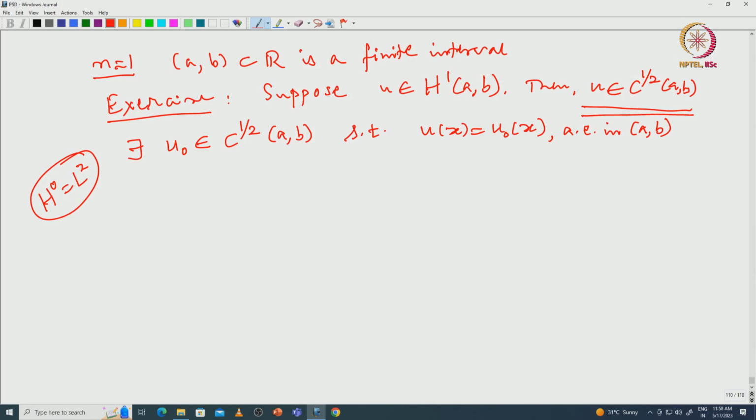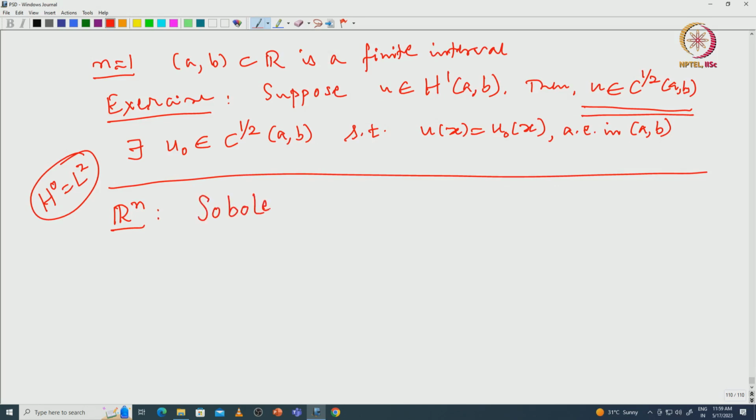One more thing I just want to mention: in the case of R n, there is another way of defining Sobolev space. Since you already studied distributions, tempered distributions, let me make a remark on that. The Sobolev space H s of R n, where s need not even be a non-negative integer.